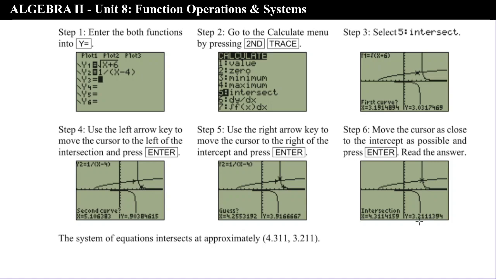If nothing is specified, then 3 decimals will do, the thousandths place. So here we have x is 4.311, y is 3.211, so you have the ordered pair (4.311, 3.211) as your solution as to where they intersect. And that's all there is to using technology. So this wraps up Unit 8, and this is the final unit for Algebra 2.